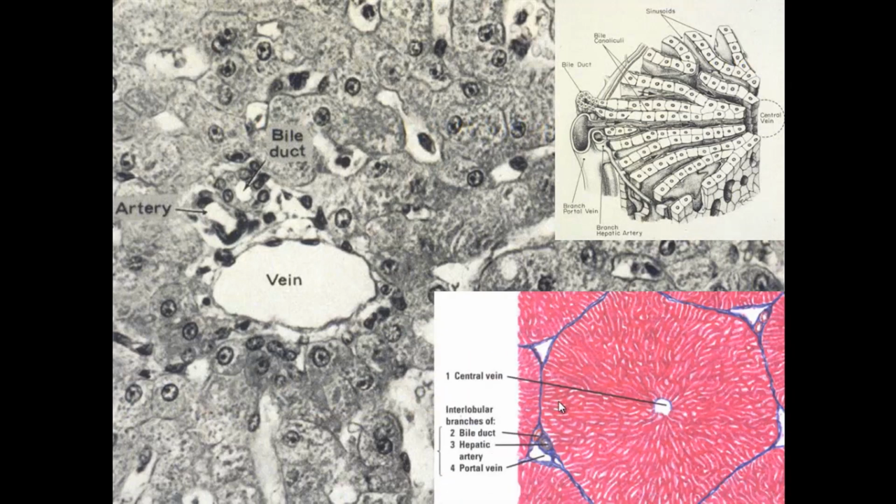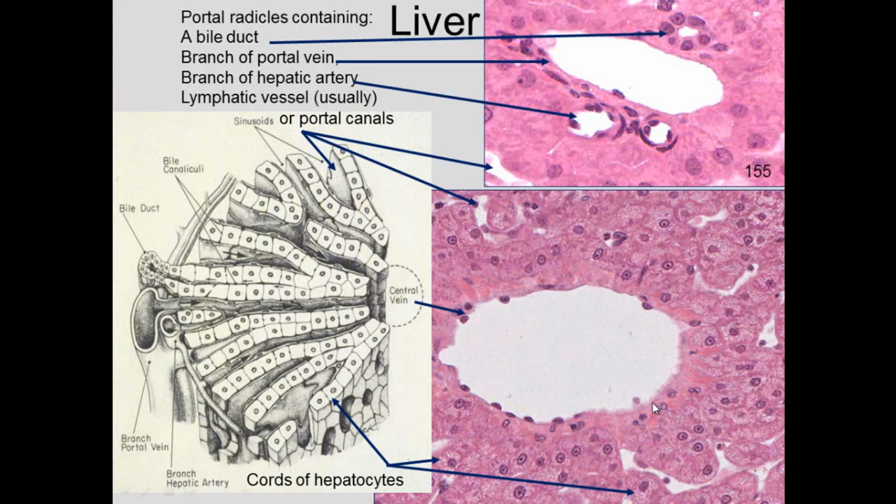Here we see the classical lobule again, with connective tissue surrounding, separating those, and you can see the three components of the portal radicle, which is located here and here and here, all around, and all these contribute to blood in the central vein. So if you see one of those as portal radicle, you can see the bile duct, hepatic vein, hepatic artery here, and that's the same as here.